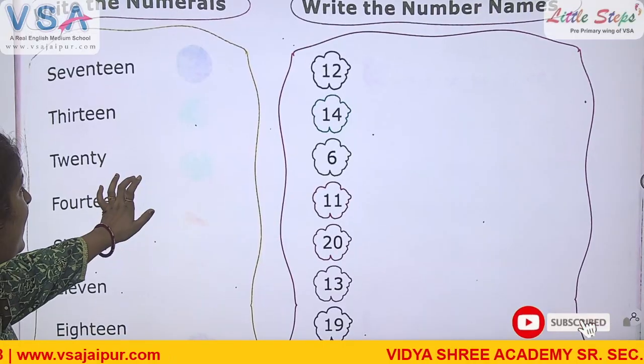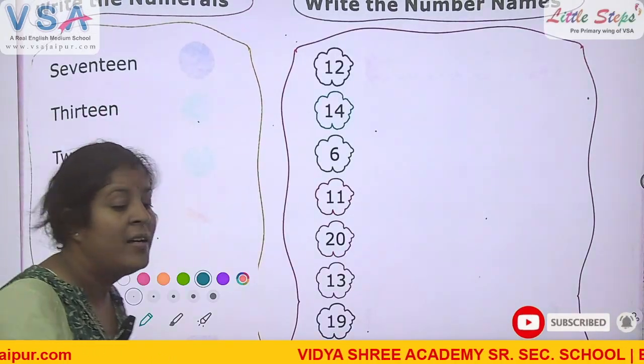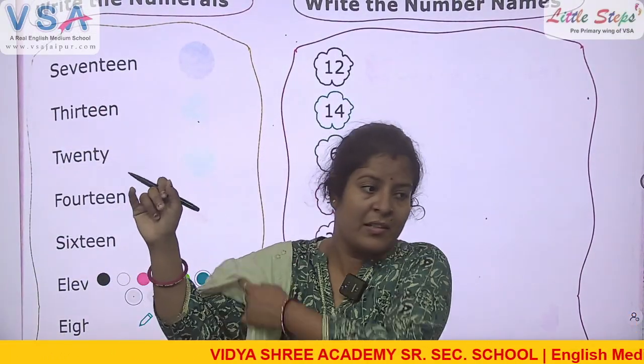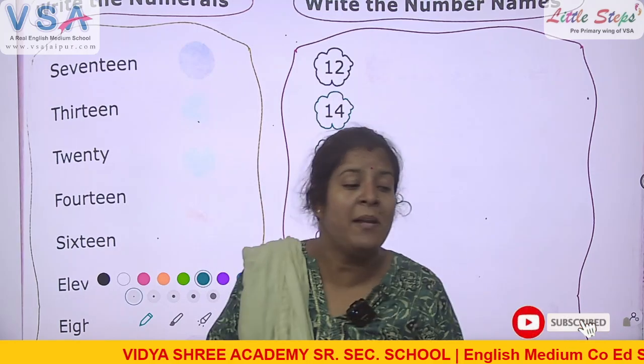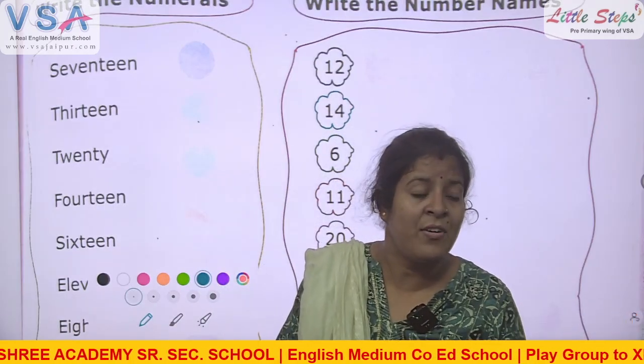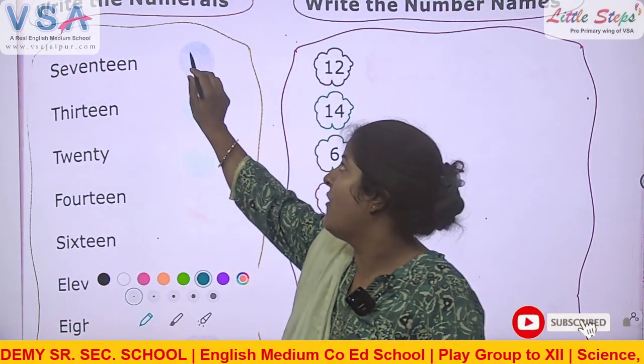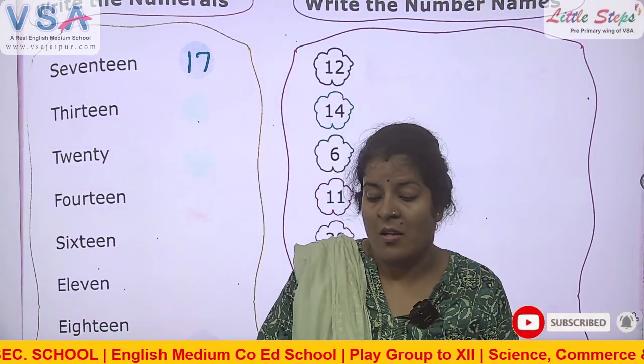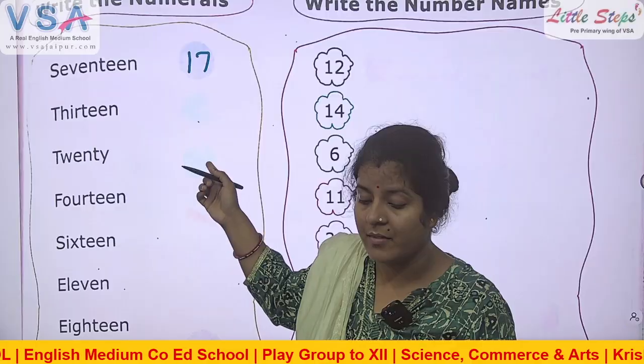What is the number of this in numerals? First number is 17. How can we write it? Yamini, how do we write number 17? 1, 7. Khushi, 13.